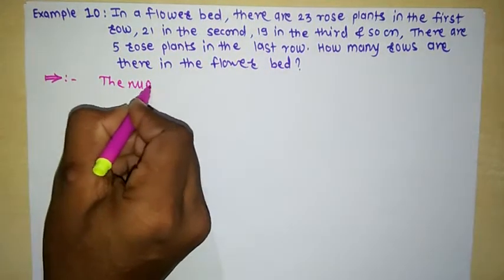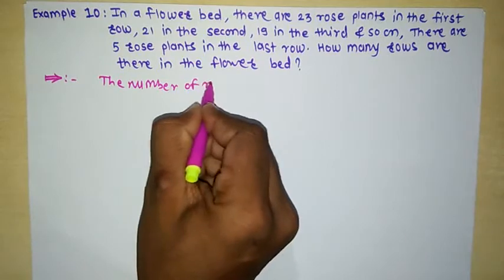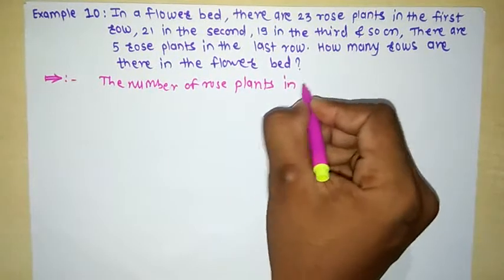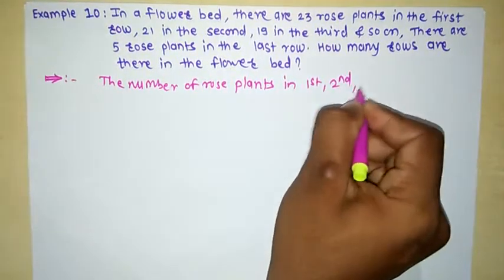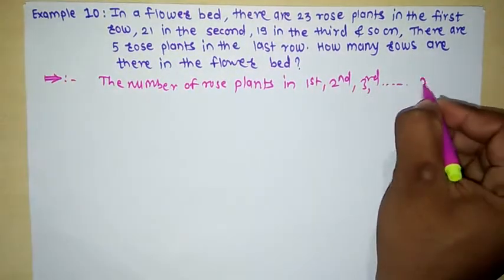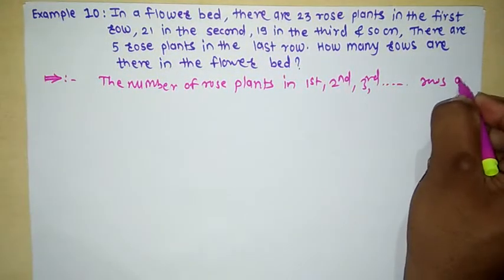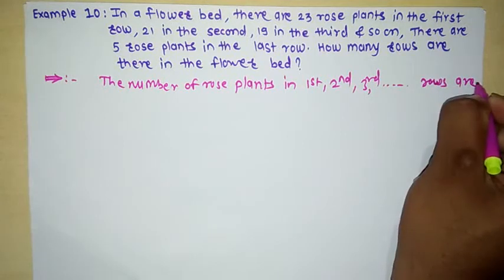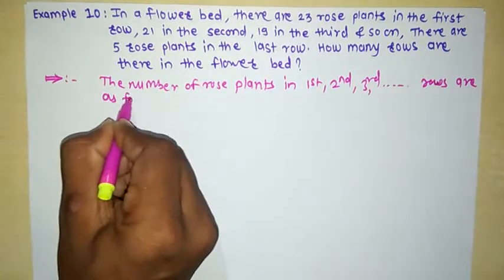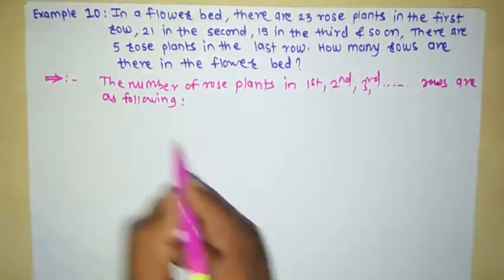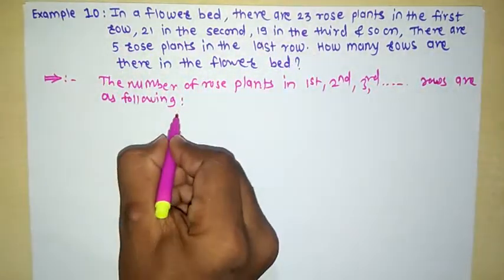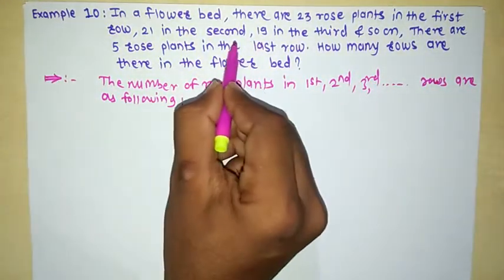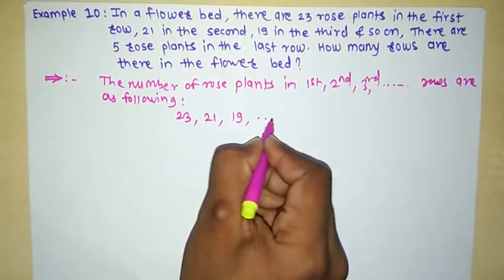The numbers of rose plants in the first, second, third and so on rows are as follows. In the first row there are 23, in the second row 21 rose plants, and in the third row 19, and so on.